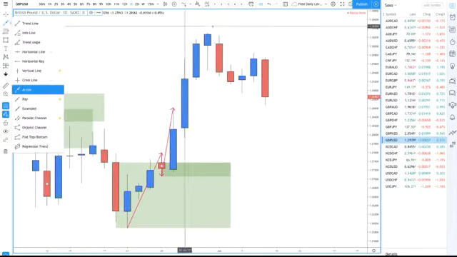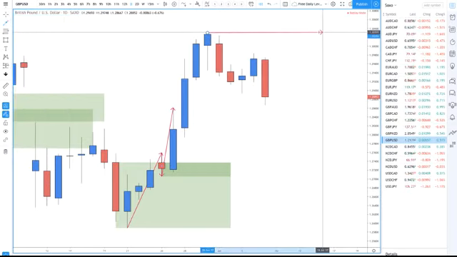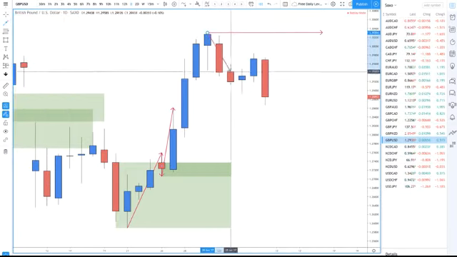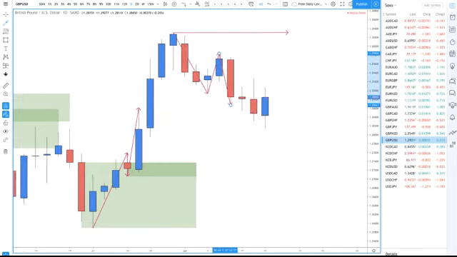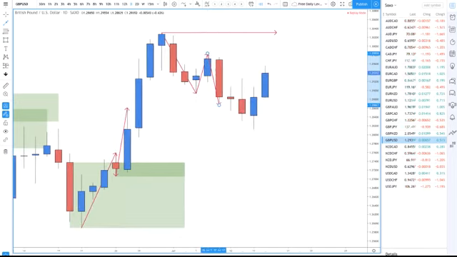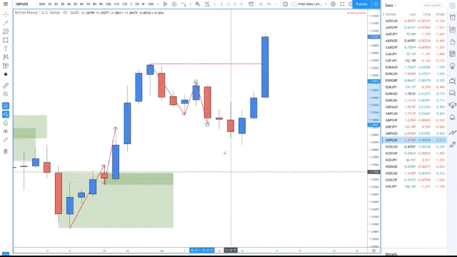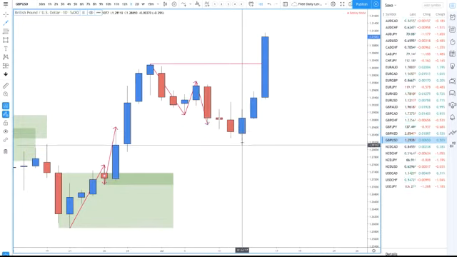So again, until prices make higher highs, higher lows. So pull back, and then we make a lower low. There we go. So we now make a new high.